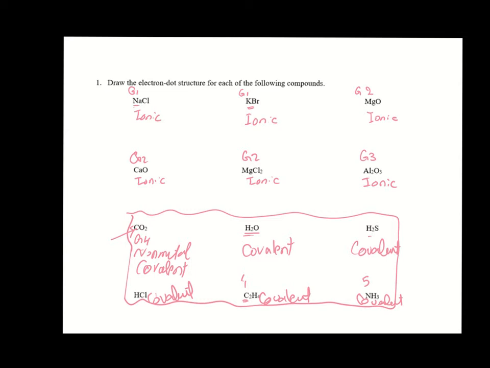Now, how to show the bond in ionic compounds? NaCl, sodium chloride. Draw sodium with its electron and draw Cl with its electrons. 1, 2, 3, 4, 5, 6, 7.